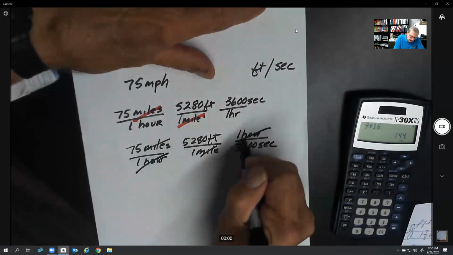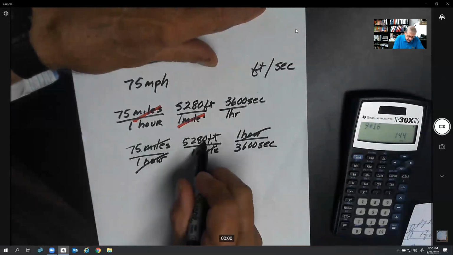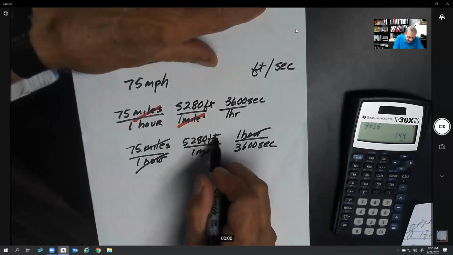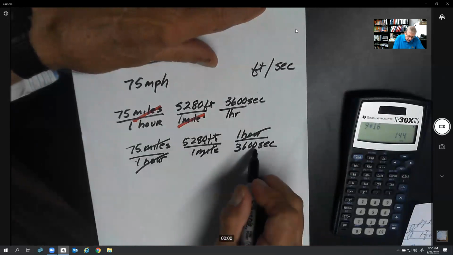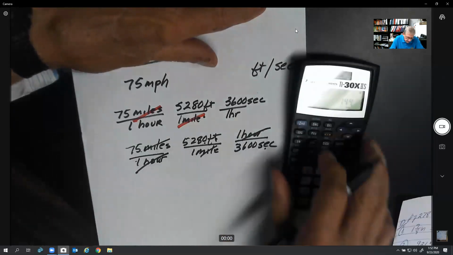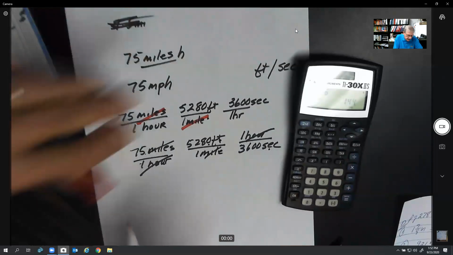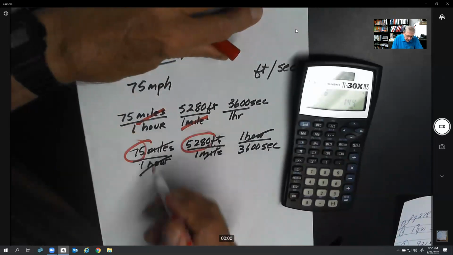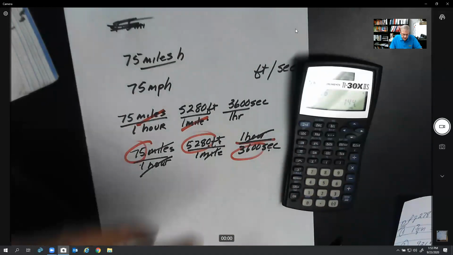Hours cancel. So what does that give me? 75 times 5,280 feet, seconds, divided by. So significant numbers, I'll circle the significant numbers: 75, 5,280, and on the bottom, 3,600.